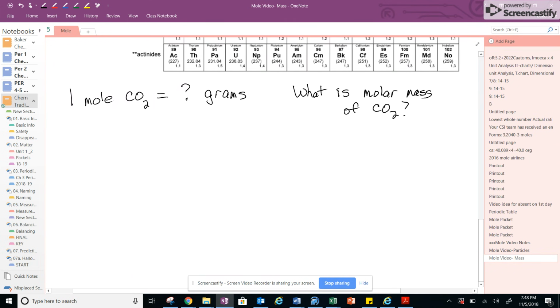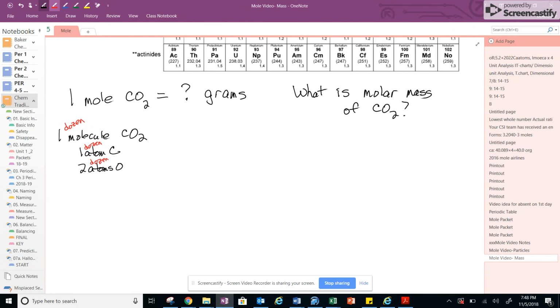But if I had 1 molecule of CO2, there's going to be 1 atom of carbon and 2 atoms of oxygen. If I had 1 dozen molecules of CO2, there would be 1 dozen atoms of carbon and 2 dozen atoms of oxygen.